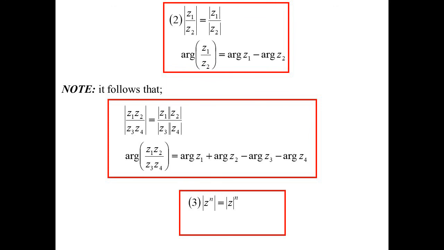By what we've just seen, we could get each individual one: that's mod z times mod z times mod z and so on, and we'd end up with mod z to the power of n. Whereas with the arguments, I'd be going arg z plus arg z plus arg z and so on, and so we'd end up with n lots of the argument of z.